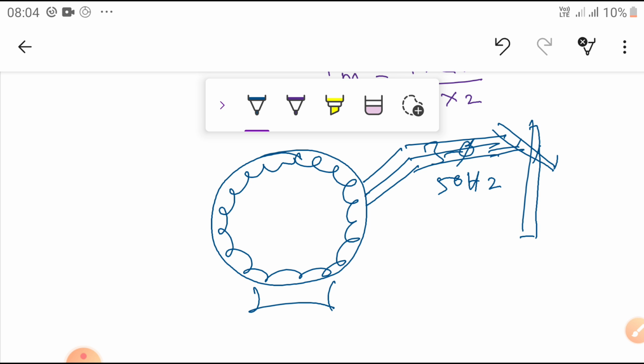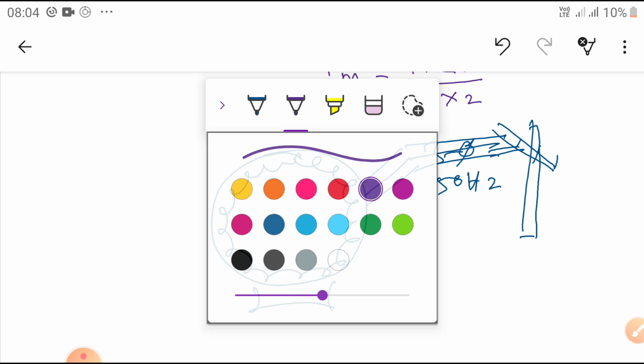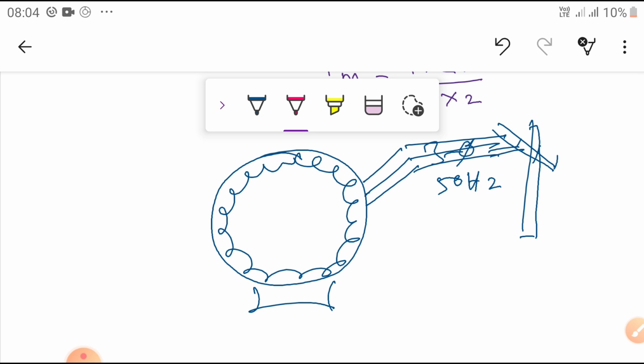Now, in this case, the rotor is running and it is mechanically coupled to our load. Okay, it is running. Now what will happen?